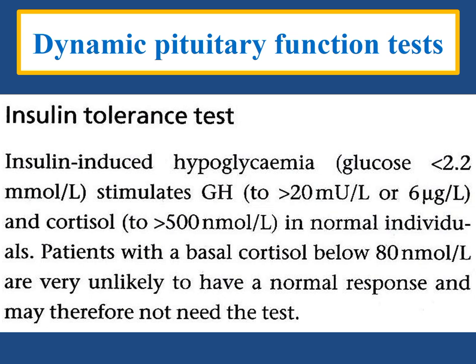A normal response is hypoglycemia with glucose level less than 2.2 millimole per liter and stimulation of growth hormone to more than 20 milliunits per liter or 6 microgram per liter, and cortisol level more than 500 nanomole per liter. Patients with a basal cortisol below 80 nanomole per liter are very unlikely to have a normal response and may therefore not need the test.